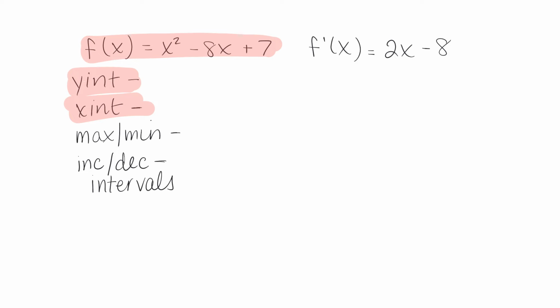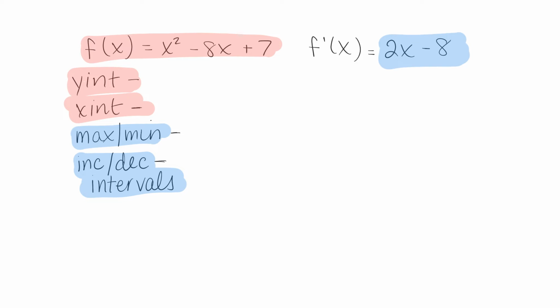So what can our derivative tell us about? It can help us find our max and min. And now we know that it can also help us find our increasing and decreasing intervals. You have to go to the right place to find the right information. So it's extremely important that we remember that the original function only gives us coordinates and intercepts.